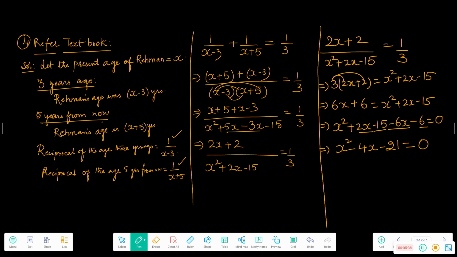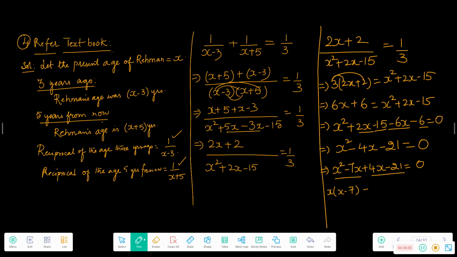Now here we have to find the roots of the quadratic equation. We got a quadratic equation, so we will get the factors of 21 as 7 and 3. So x square minus 7x plus 4x minus 21 is equal to 0. I'll take x common: x into x minus 7.